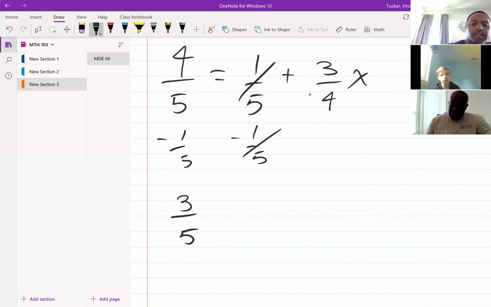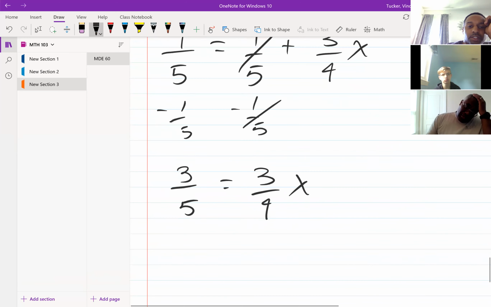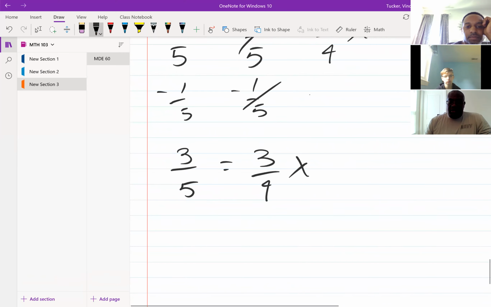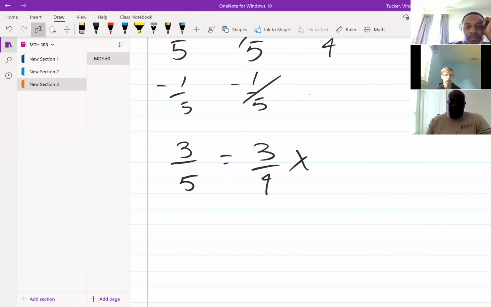Because remember I said that there are two ways of doing it. You can do it with the fractions or clear them out. So I was just going over the clearing out process, but this is where you are right here, correct? Yes. What was your next move? Next move would be to move 3/4 over to the other side, make it positive, make it negative. Got to be careful.